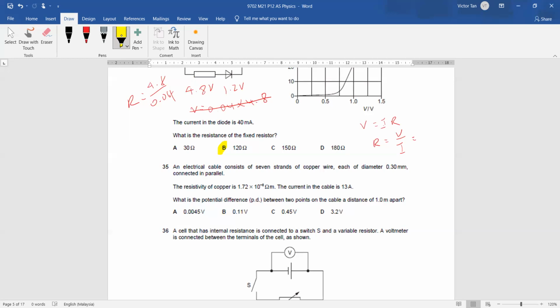So the resistance, R equals rho L over A. So rho is your resistivity. A is 1 over pi times r squared, so 0.15 times 10 to the negative 3 squared, times 10 to the negative 8 times 1.